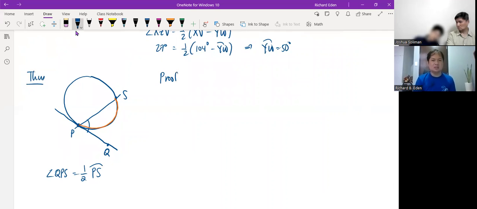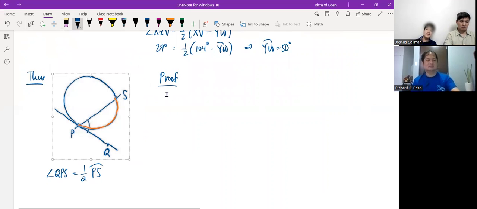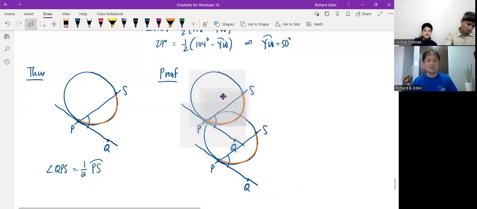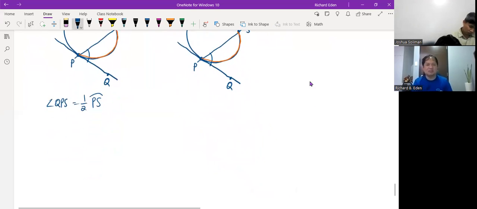Okay, but to justify why we have this one half of arc PS property, kung yung secant po, isipin niyo po yung limit as it goes, it becomes extremely small. Yes, actually, we can do that. Think in terms of the limiting behavior. Start with, I guess what you're talking about is something like this.